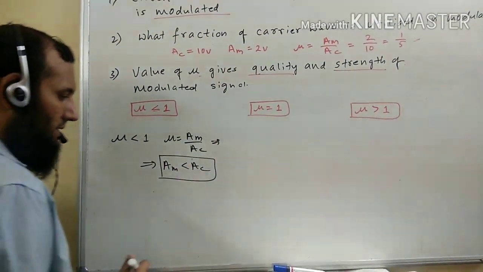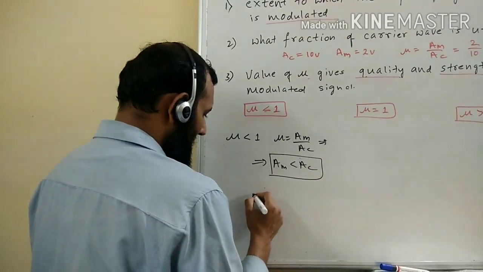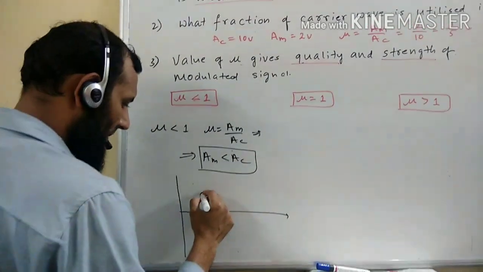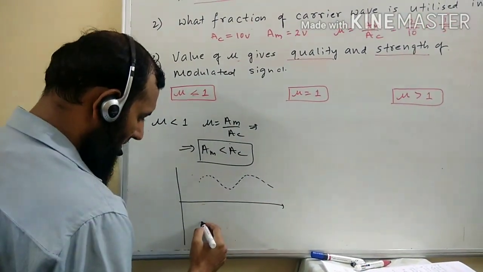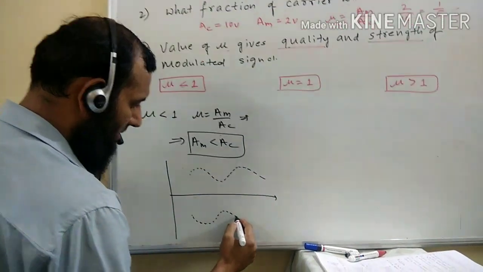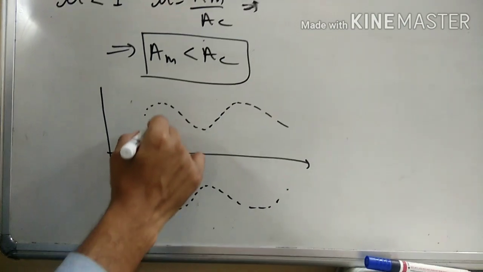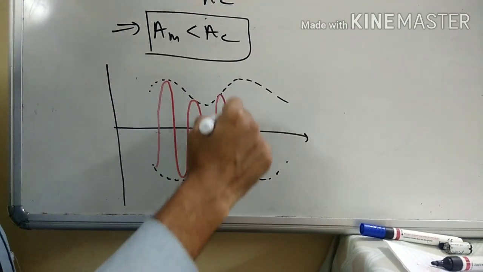If you draw this, we get this kind of graph. This is the envelope, and here we have the amplitude modulated wave.